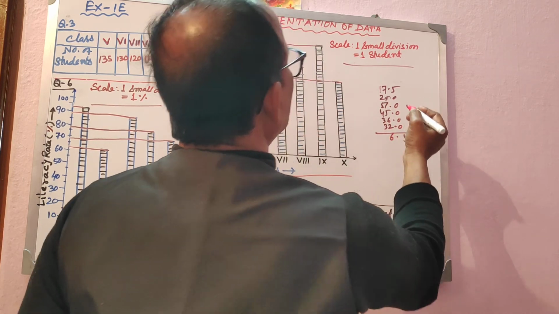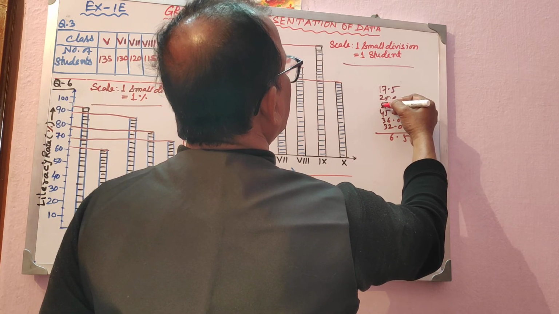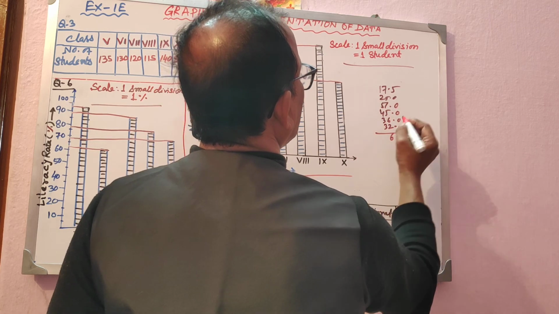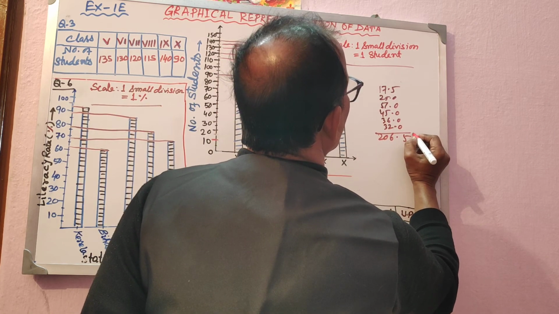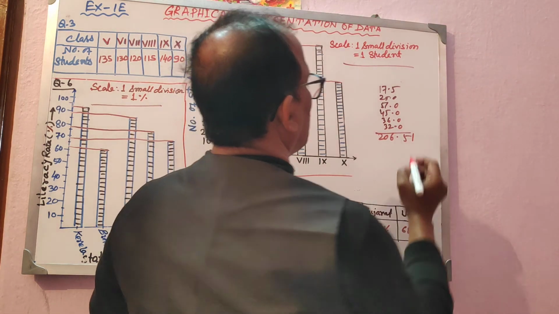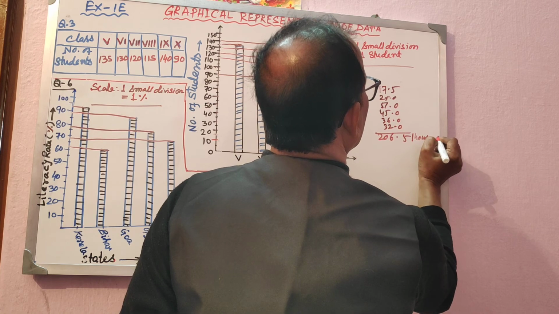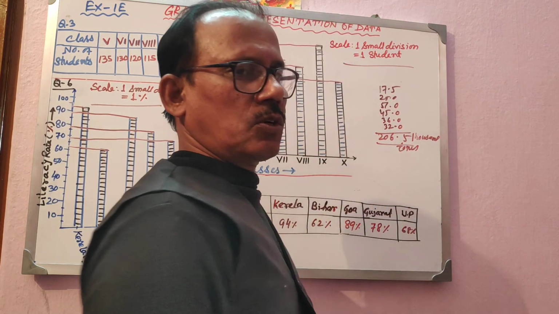The point is here only, the 2 carries over, 2 plus 1, 3, 3 plus 2, 5, 5 plus 5, 10, 10 plus 4, 14, 14 plus 3, 17, 17 plus 3, 20. So 206.5, that many thousand tons. That will be the total production.